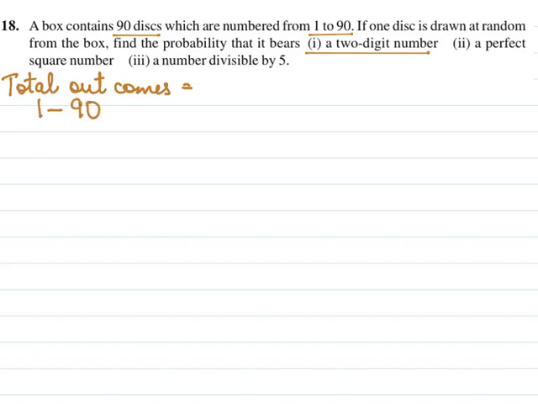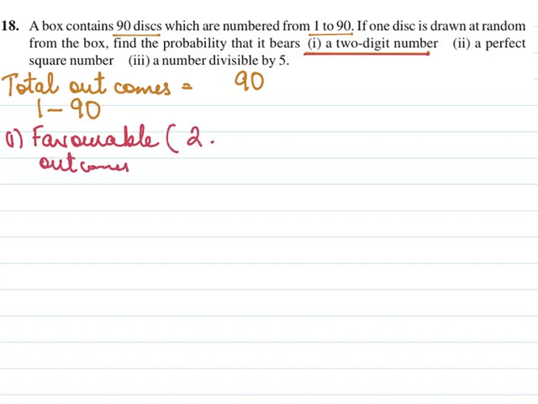There are numbers 1 to 90. So the total outcomes will be 90. There are 90 discs. In the first case, we have to find a 2-digit number. So favorable outcomes is a 2-digit number.